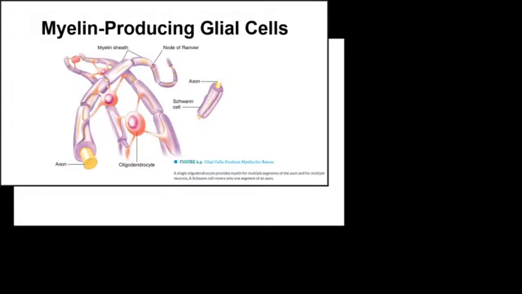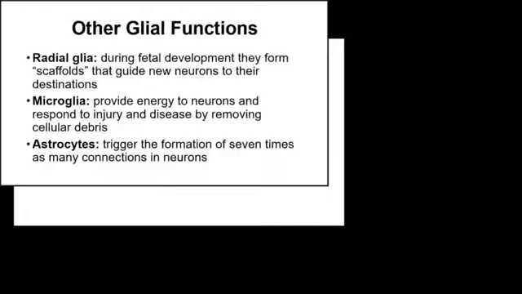And just for a visual of what these oligodendrocytes or Schwann cells would look like, we have two here. So the one in the middle is labeled as an oligodendrocyte, and it connects to different axons. And then we also have the Schwann cells, which wrap around axons outside of that central nervous system. Just a visual for you.